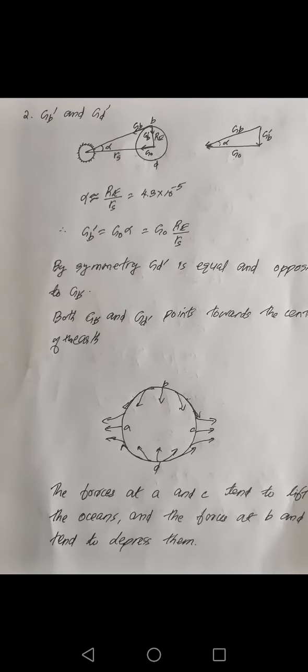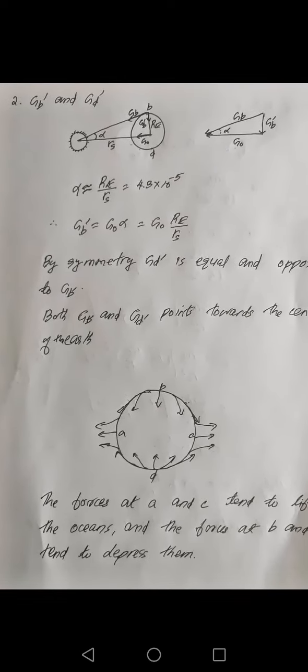So here what I can say is GB prime and GD prime point towards the center of earth, radially inwards. This calculation is very simple. If you calculate GB prime, then GD prime is very easy. It is just symmetric but in the opposite direction.